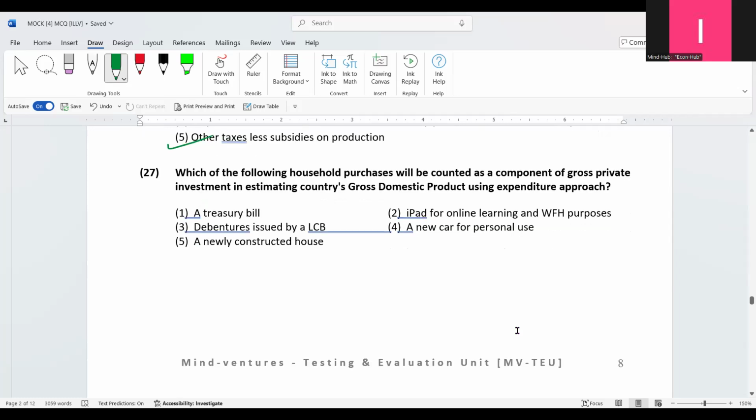Question 27. Which of the following household purchases will be counted as a component of gross private investment in estimating a country's gross domestic product using the expenditure approach? Treasury bill, no, that's financial. When we talk about investment, we look at non-financial.